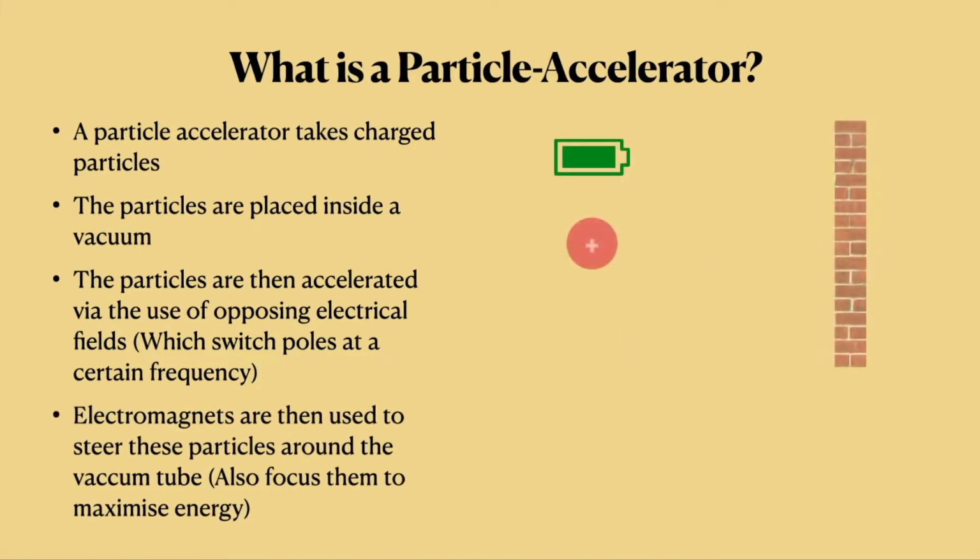Last but not least, electromagnetism is then used to steer these particles. So basically, because we're talking about particles that need to be accelerated to almost the speed of light, we need there to be a place to turn, right? Because the longer you make the tunnel, the harder it is to keep it straight.